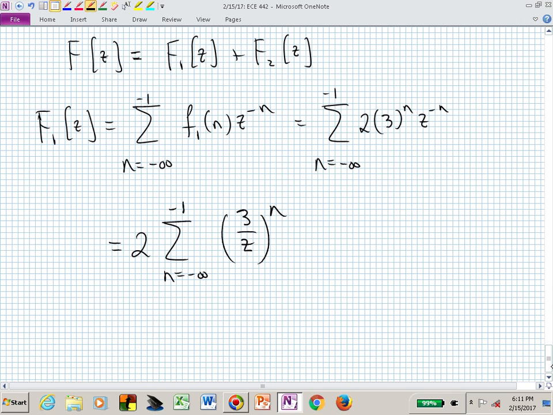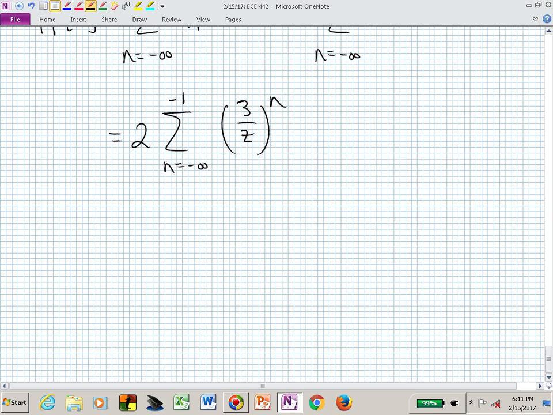Now I need to sum this, and this looks a little bit different from what I'm used to, so let me just solve it. Suppose I now say, well, let me look at what this does. S, and let me go backwards. Let me go from the top down to minus infinity.